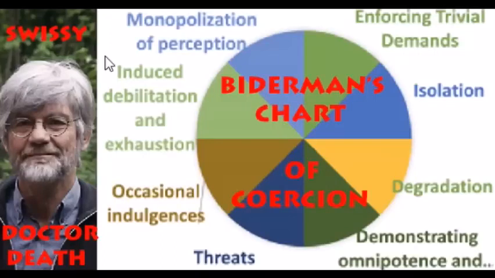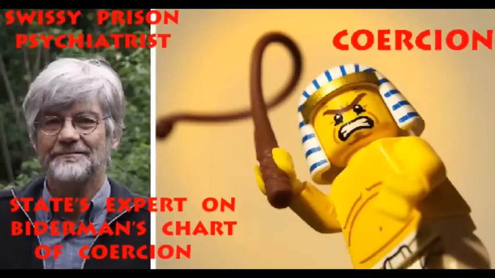Here it says, Swissy Dr. Death. This is what we used to call him. You all remember the picture of coercion and what it means. So here's coercion, Pharaoh with a whip. And here it says Swissy prison psychiatrist, the state's expert on Biedermann's chart of coercion. Hey, Swissy.